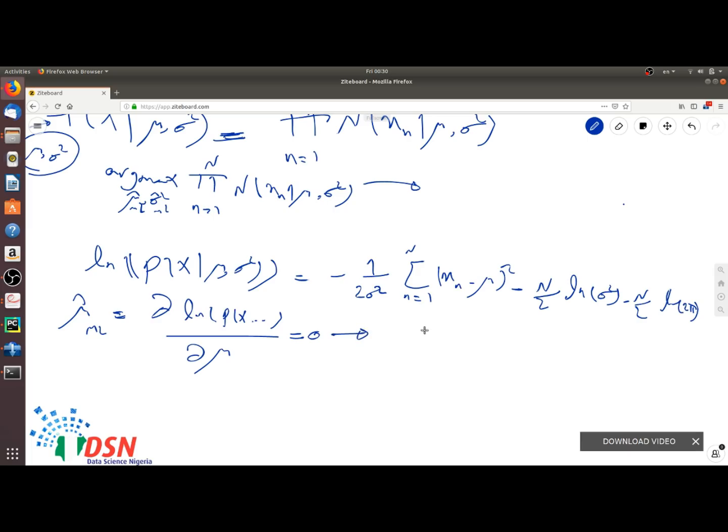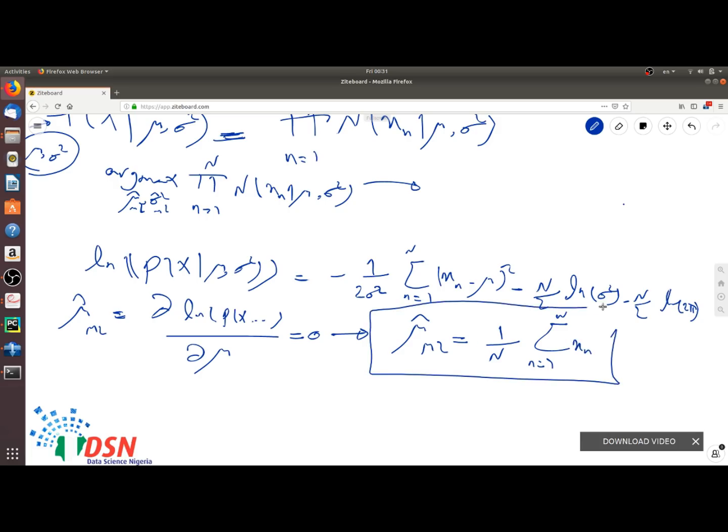In this case, you will obtain that your estimation of mu is the sample mean, because this is the sample mean. So you see some examples and you want to estimate the mu, or mean, of the Gaussian distribution, you could just calculate the sample mean and estimate the mu from here.